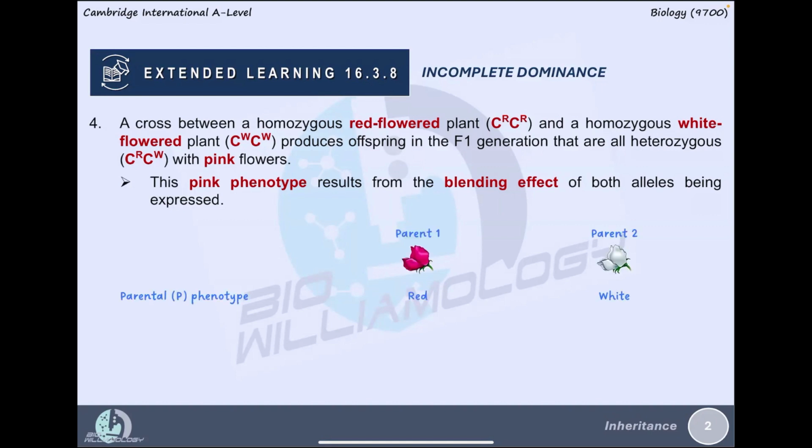which are both the parental types. So let us look at the cross between parent one, the red flower plant, and parent two, the white flower plant. Both of them are in homozygous conditions. So the only gametes they can produce are CR for the red plant, and CW for parent two, which is the white parental phenotype.